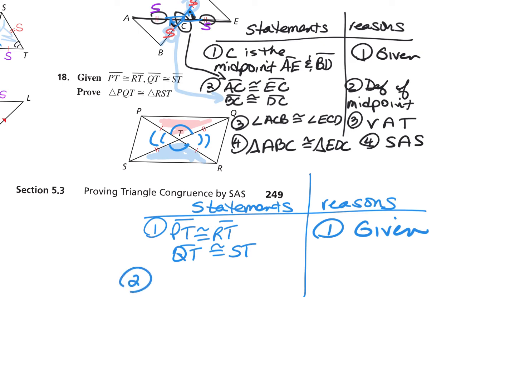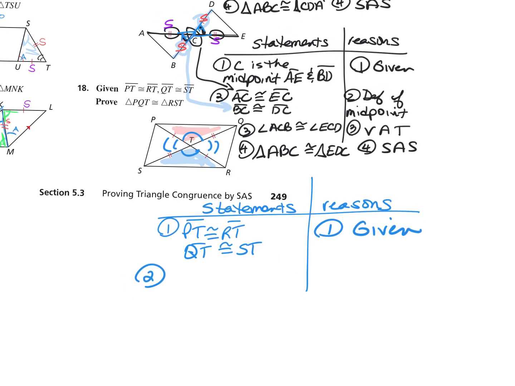So my next statement is going to be those vertical angles that I just marked: angle PTQ is congruent to angle RTS, and this is the vertical angles congruence theorem.